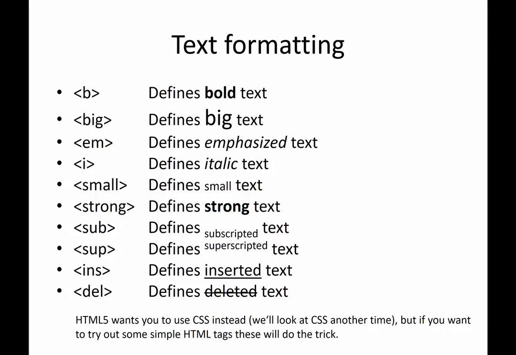But the original text formatting tags are still working. So even though normally people are supposed to do this with CSS, this will still work. If you want a quick look at all those things, you can use B, which will make text bold, big, which will make text big, EM will emphasize text, I will make text italic, and if you look here, somehow EM and italic end up being exactly the same thing.